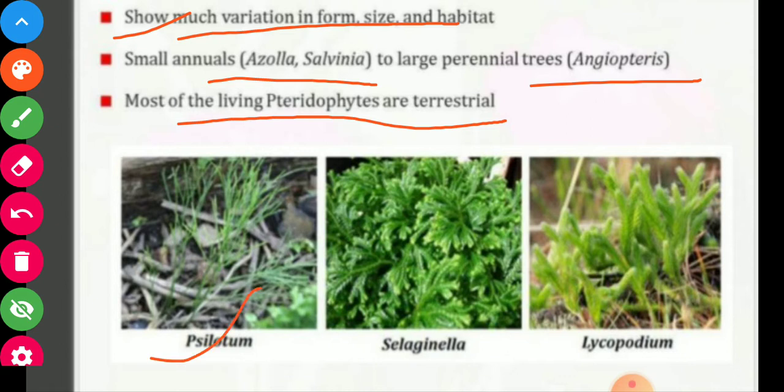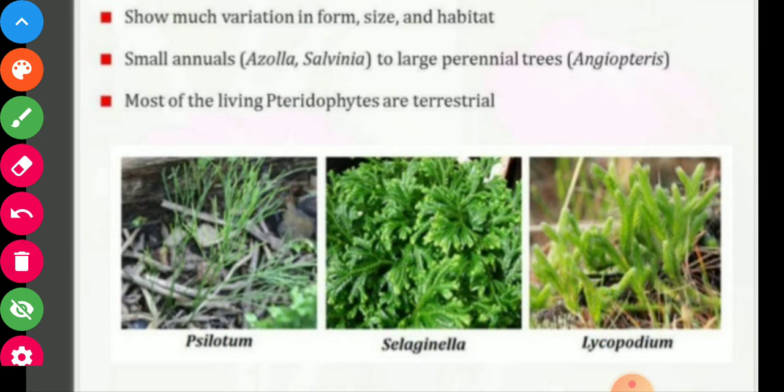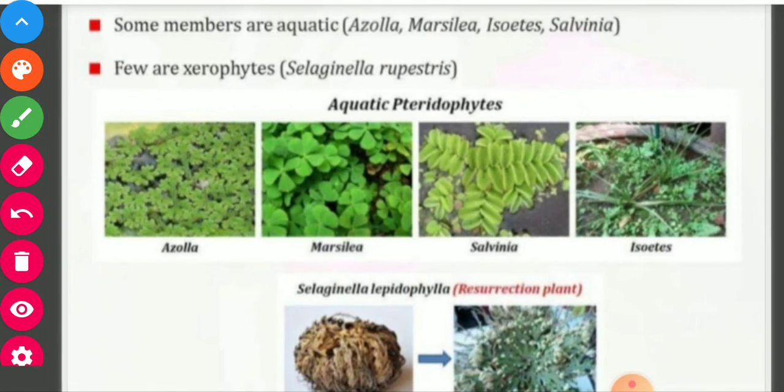These are some examples of pteridophytes: Lycopodium, Selaginella, Equisetum, many are there. Some members are aquatic. These are the examples of aquatic pteridophytes: Azolla, Marsilea, Isoetes and Salvinia. They are found in water, in aquatic habitat.